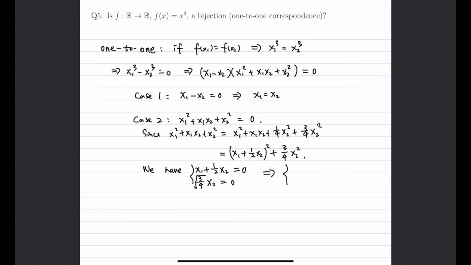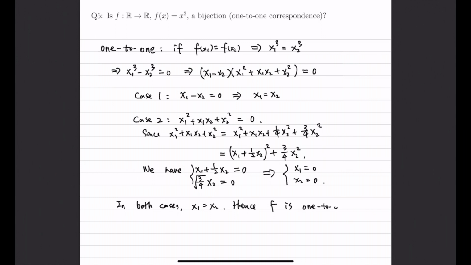So from here we can deduce that x1 is 0 and x2 is 0. In both cases, x1 is equal to x2. Hence, f is 1-to-1.